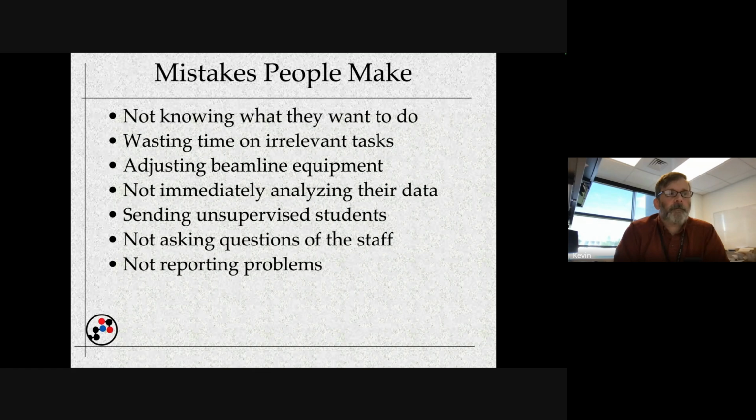I can do some amount of validation to ensure that things are working, but there are times when maybe I'm not aware that something is not working correctly, or that something has changed. So users need to tell the staff if things don't look like they're working correctly, or if you're not getting the results that you expect, and then we can help get that sorted out for you.